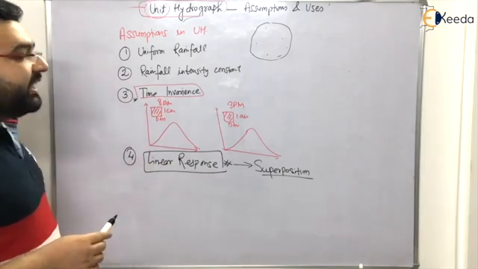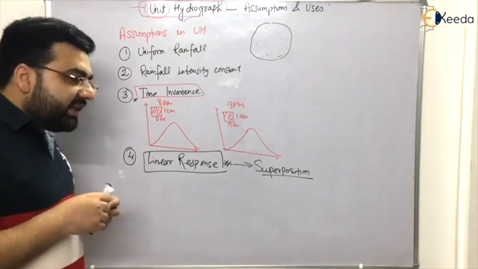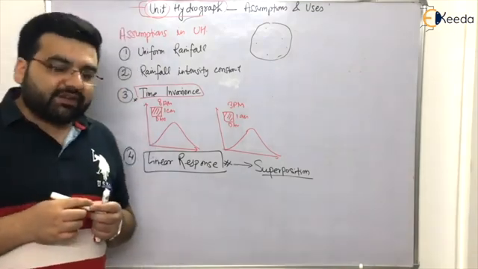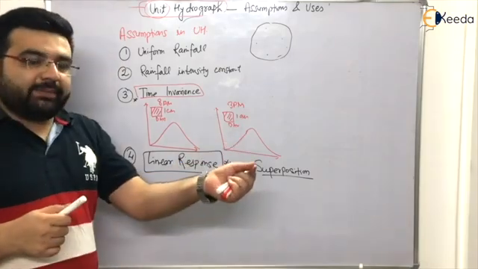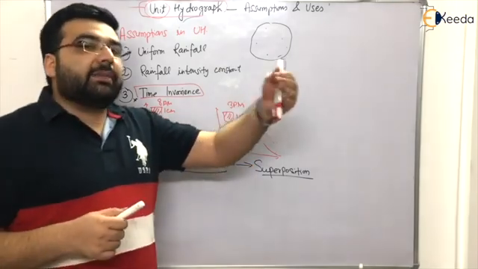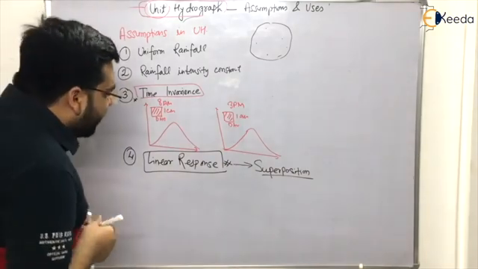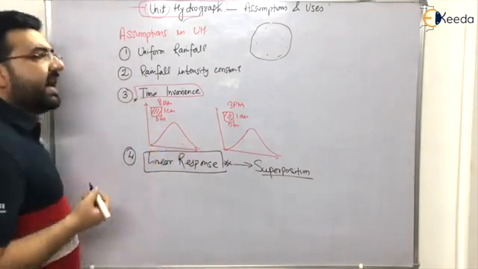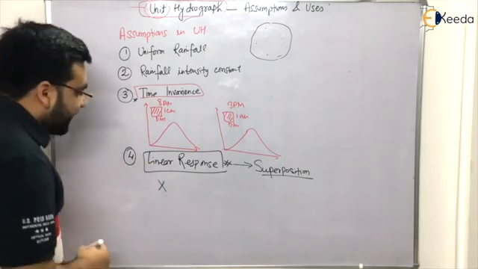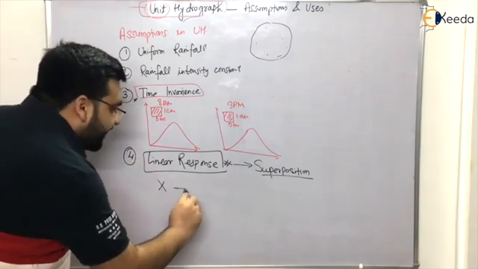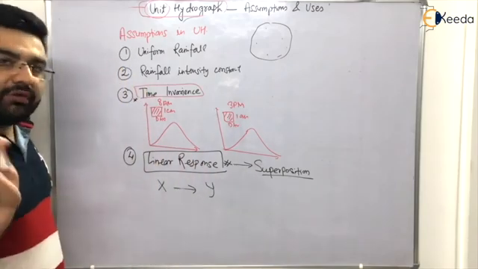Now, what about the linear response? So, linear response says that if in a direct runoff hydrograph you make any amendment, then the equal amendment will be there in the successive hydrographs. Don't get confused. Let me give you an example. Let us say that X amount of rainfall gives you Y amount of direct runoff hydrograph.